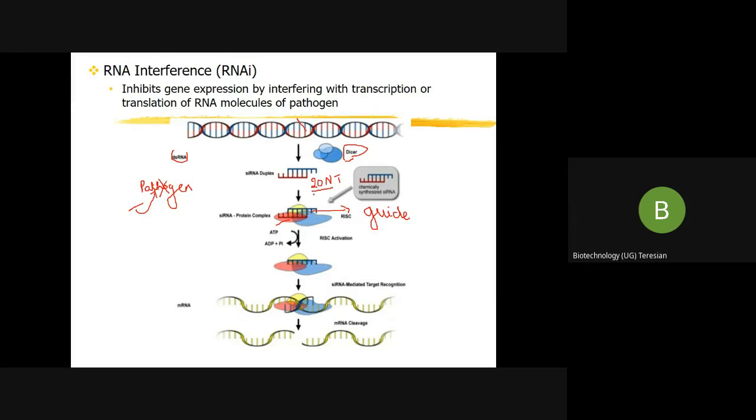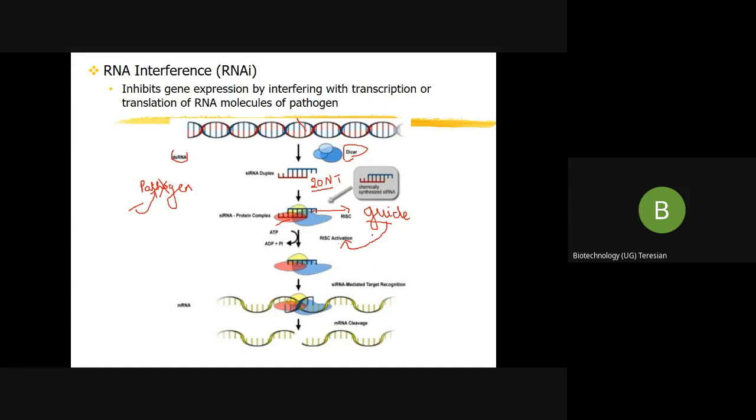After the RNA has been cut into small fragments, one of the fragments will act as a guide strand, and this guide strand will go and get incorporated into RISC activation. What is RISC? RNA-induced silencing complex.